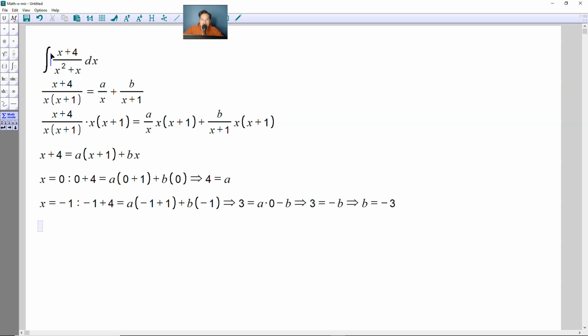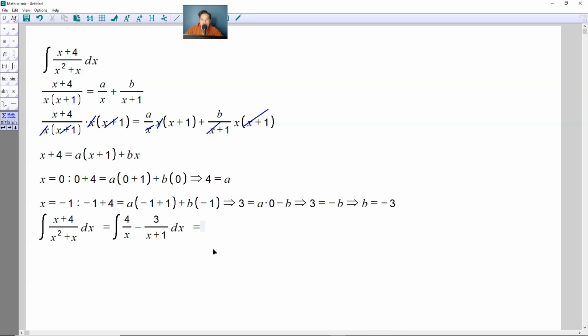So now I can take my integral and write it differently. Instead of x plus 4 over x squared plus x, I can write this as A over x, where the value of A is 4, so 4 over x, and then minus B, where the value of B is 3, over x plus 1, dx.